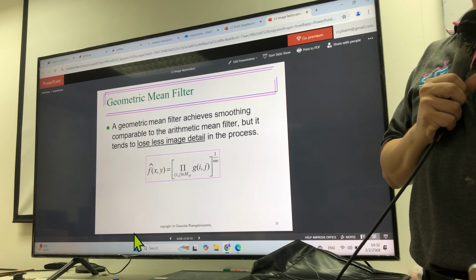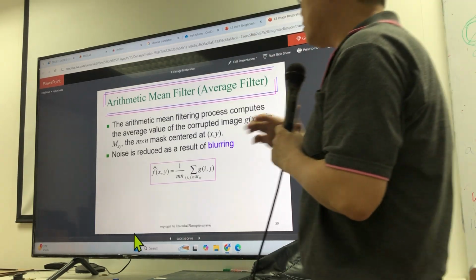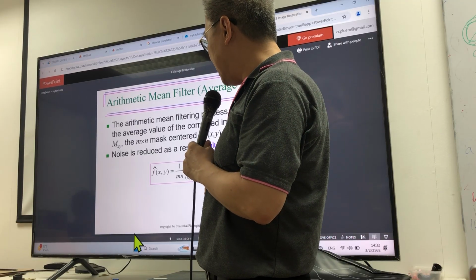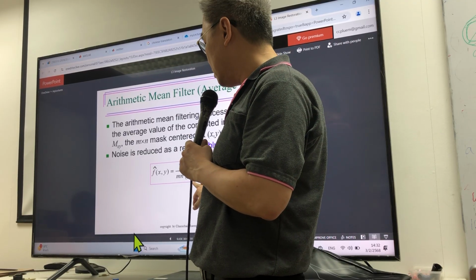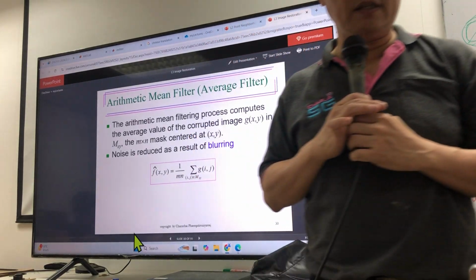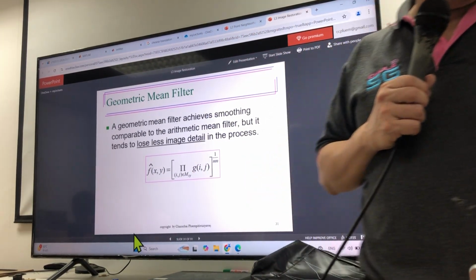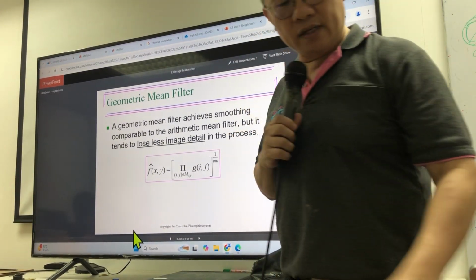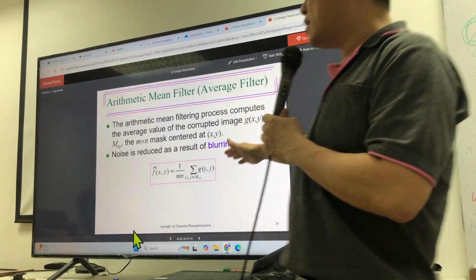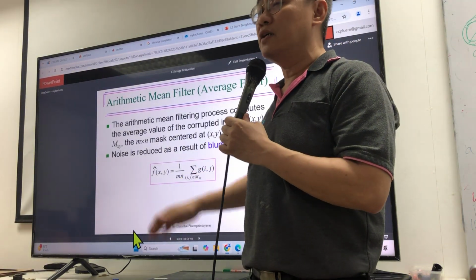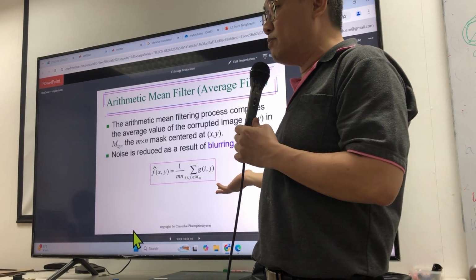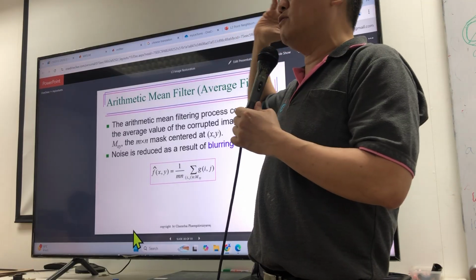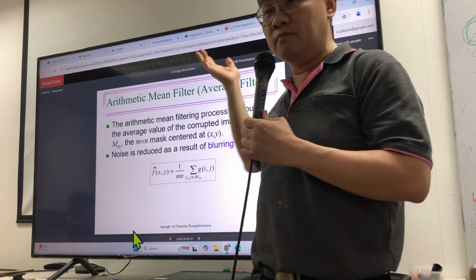Anyway, averaging filters. This is the arithmetic mean filter. You take the summation of g(i,j) in the window, and then you divide by the number of pixels in the window, mn. Geometric mean: originally it was arithmetic mean, you sum them up and divide by the number. Somebody applied their own knowledge: if you have arithmetic mean, then you should have geometric mean.